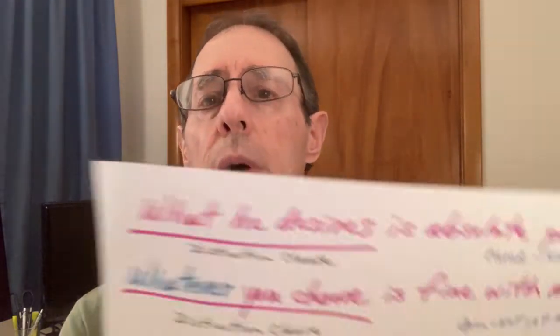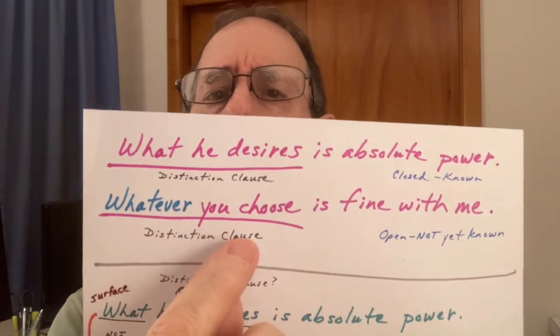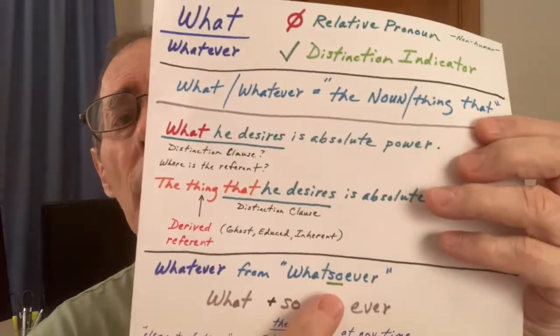You know he desires absolute power because they're telling you. It's a closed feeling, a closed concept. But when you say, whatever you choose is fine with me, there's a slight sense of openness, a slight sense of not knowing, because you're saying whatever you choose. So the known isn't known yet. So with the word whatever, because it originally came from whatsoever, you feel a sense of time or impending action.